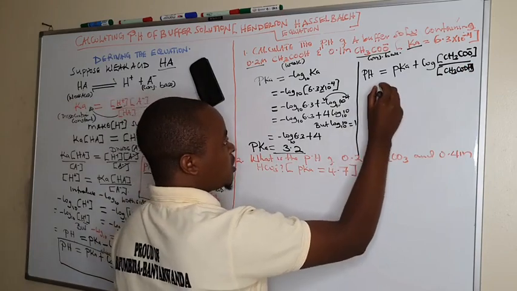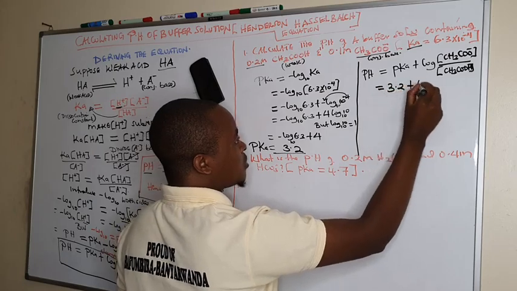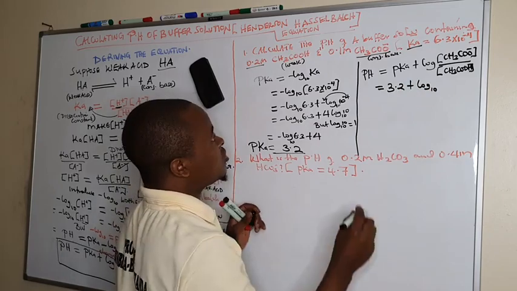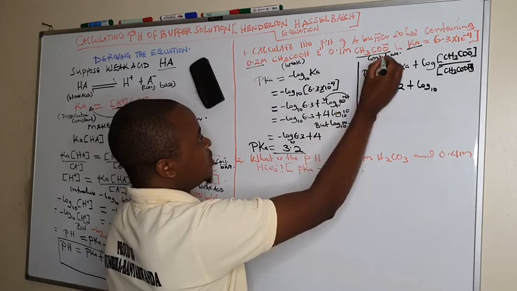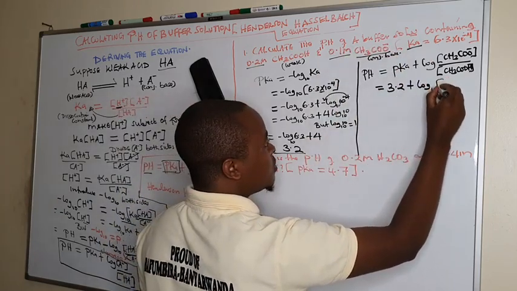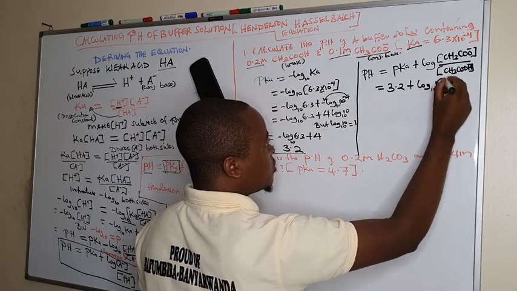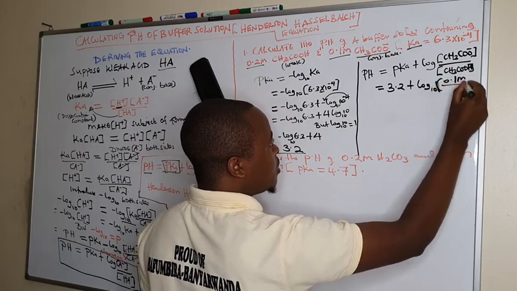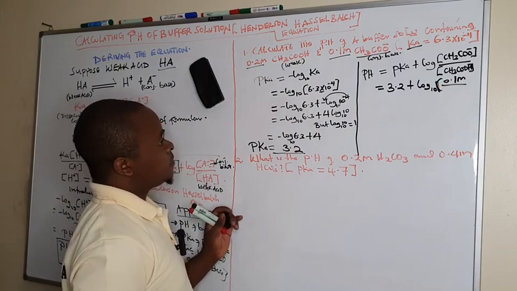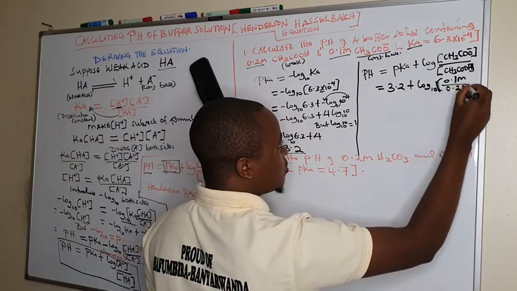Then we substitute: pKa is 3.2 plus log base 10. The concentration of the conjugate base is 0.1 molar, and the concentration of the weak acid is 0.2 molar.